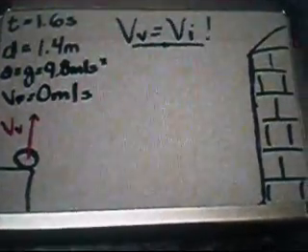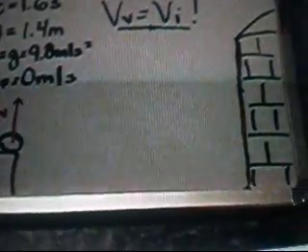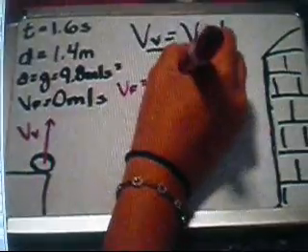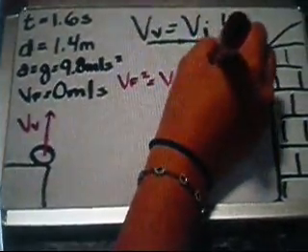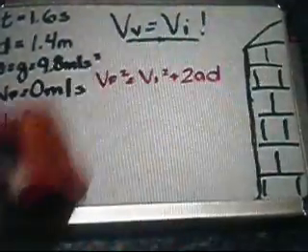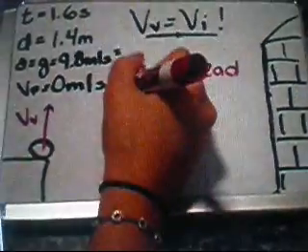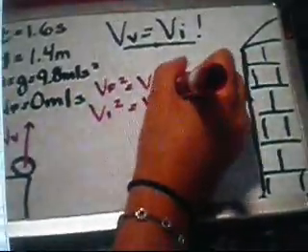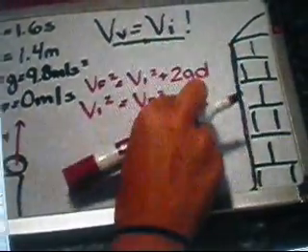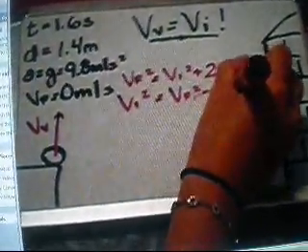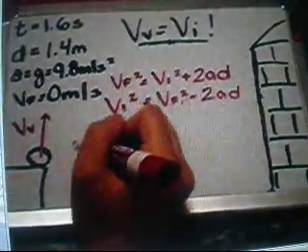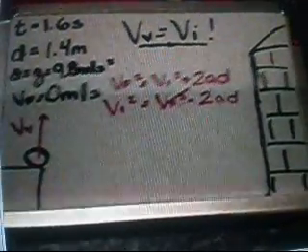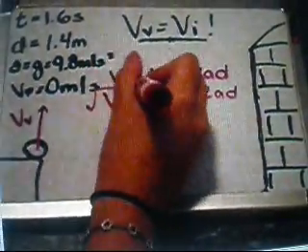Now to figure out V vertical, we have to use the equation VF squared equals VI squared plus 2AD. Then manipulating it for VI, VI squared equals VF squared minus 2AD. Since VF equals 0, we can cross that out and we can square root both sides.